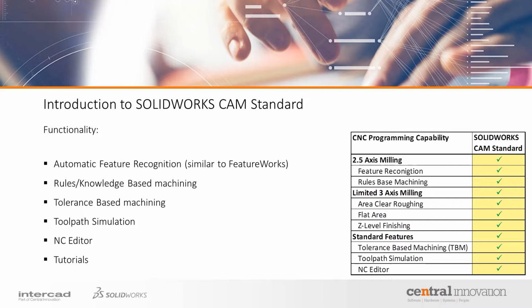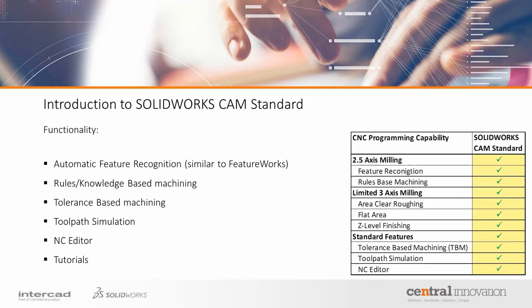We also have rules or knowledge-based machining, so that gives you an opportunity in SOLIDWORKS to set up the way that the machine process is applied to those features in a technology database. So it's either called rules or knowledge-based machining.